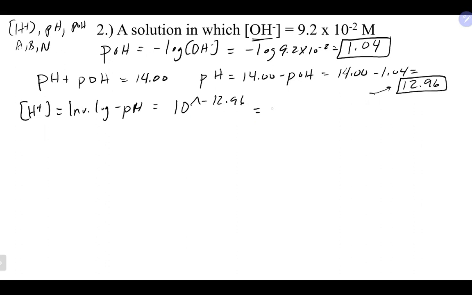That is going to give us a concentration of 1.1 times 10 to the minus 13 molar. And once again, if you use KW, that pretty much should be what you got, which is 1.1 times 10 to the minus 13.